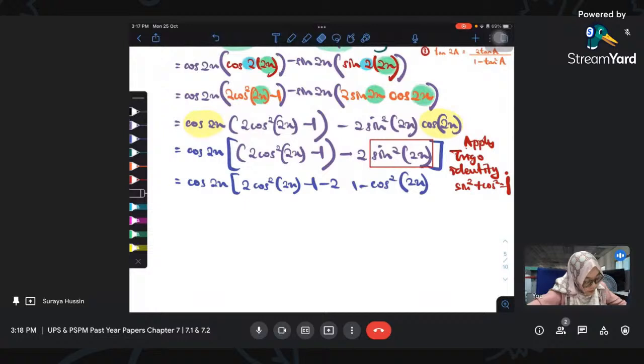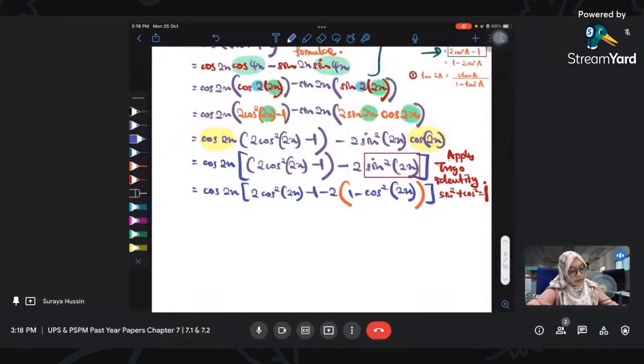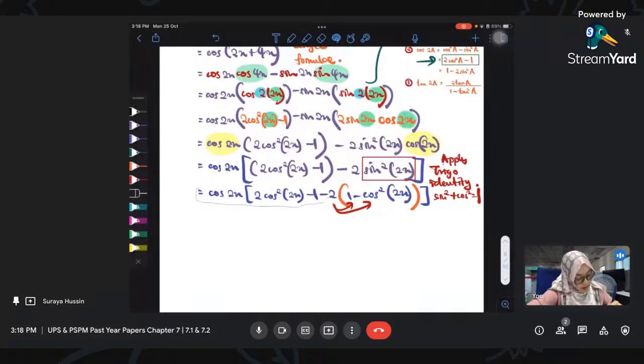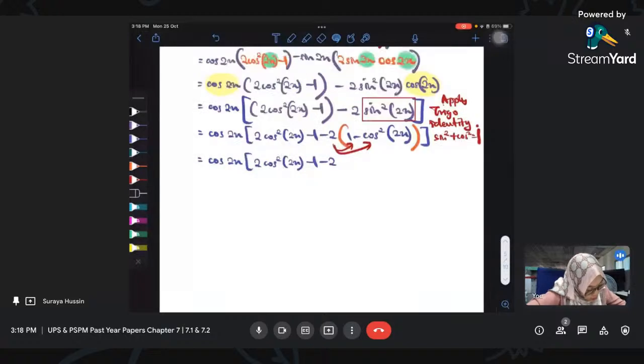Maybe I should use a different color so it's not confusing. And so here you have to multiply it in. So much work, right? A lot of work. But don't worry, as long as you know that you have to keep on trying and trying.